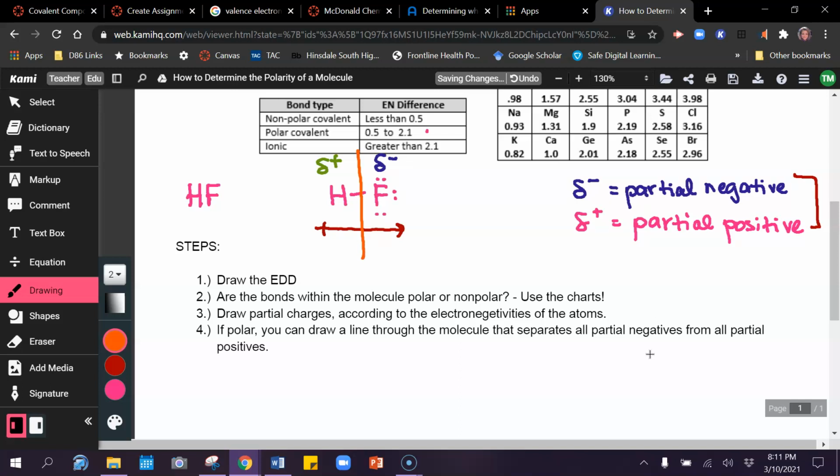And now I have my partial positive separated from my partial negative. And since I'm able to do that, this molecule is polar.